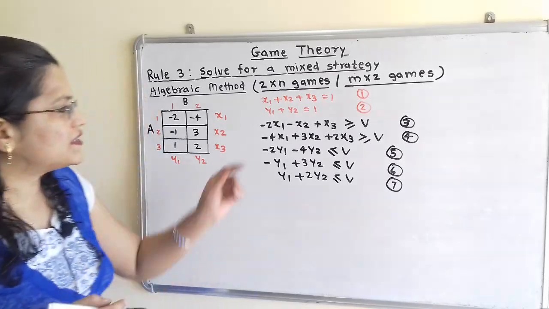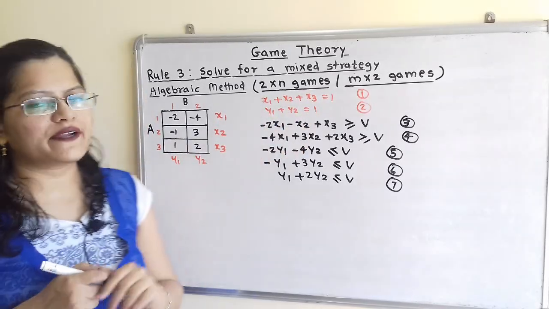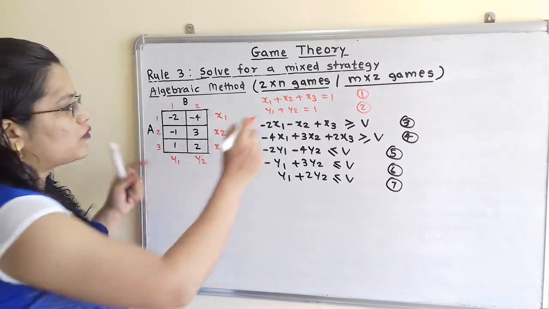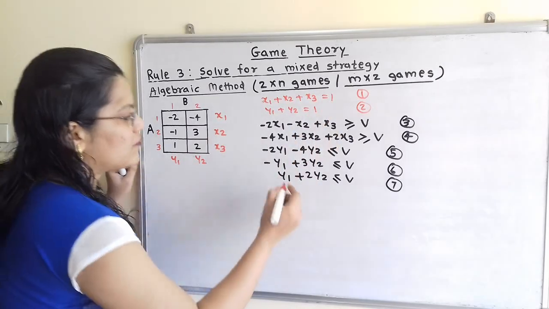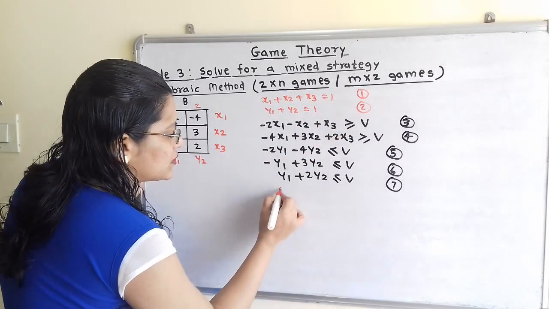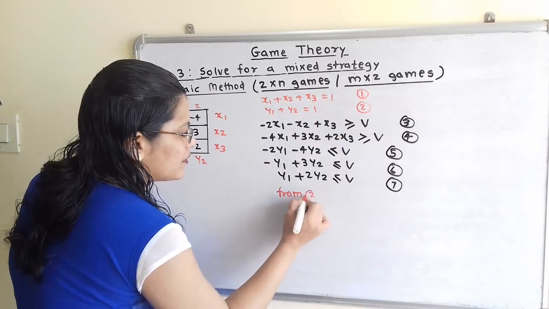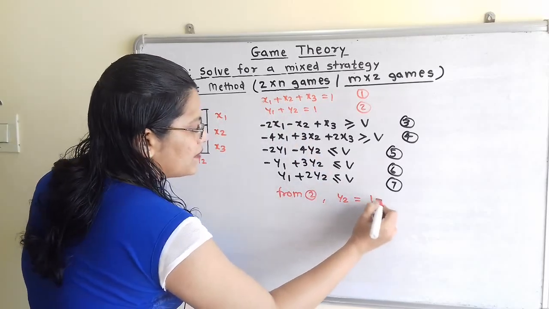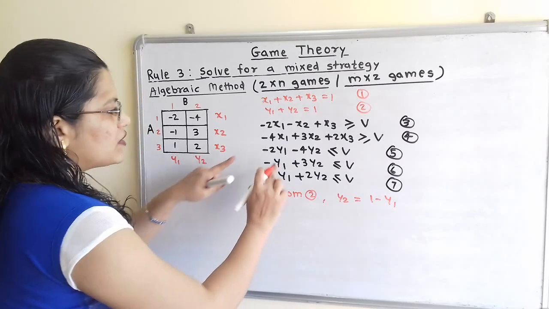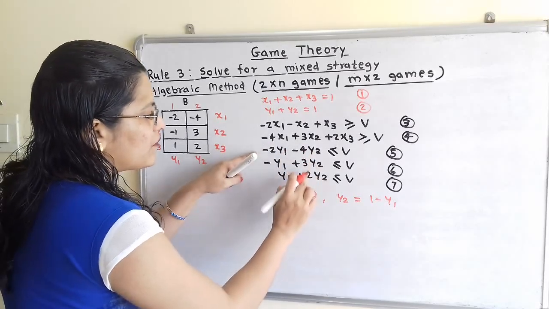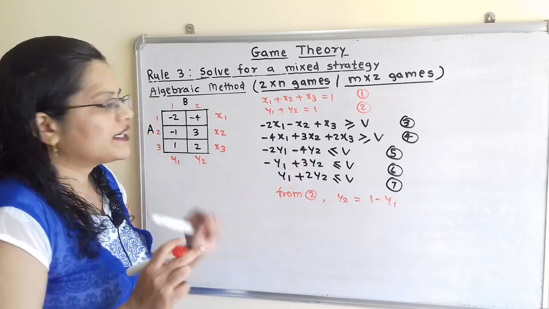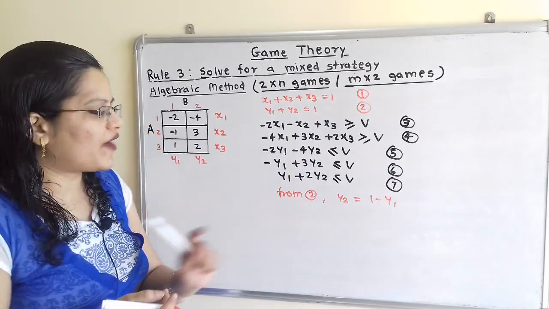Now we will consider y1 plus y2 is equal to 1, so we can also write y2 is equal to 1 minus y1. From equation number 2 we can write y2 is equal to 1 minus y1. Now there are 3 remaining equations.